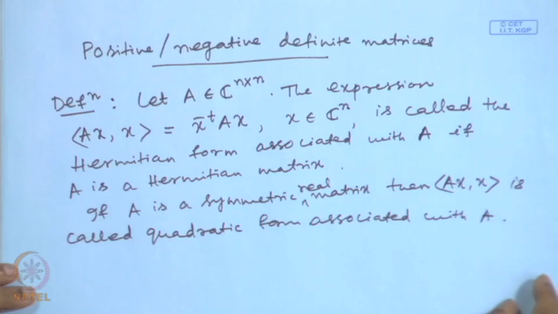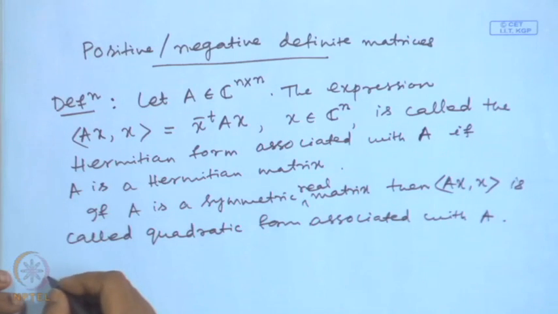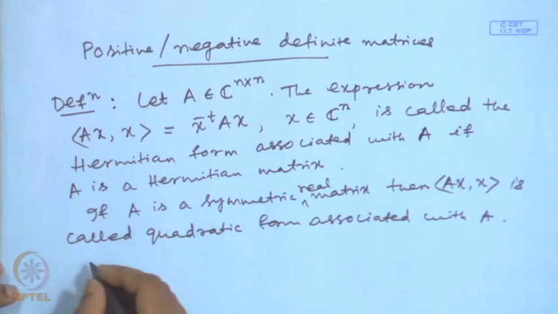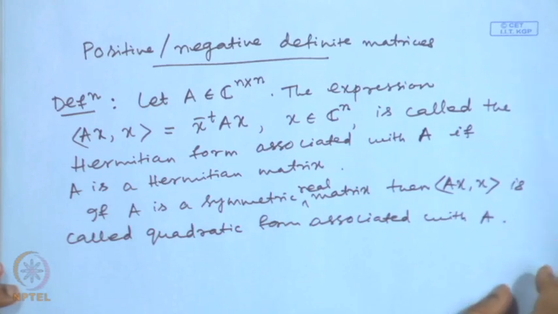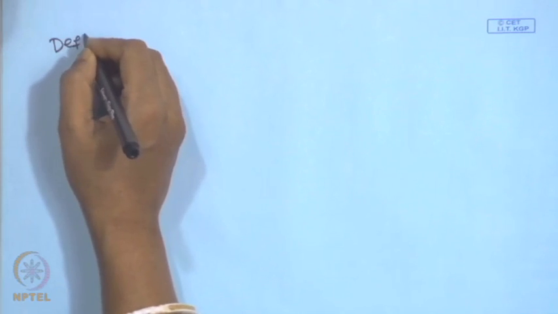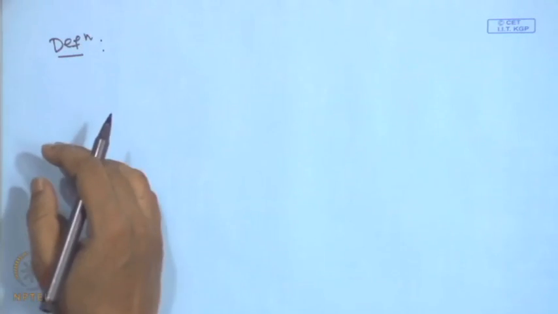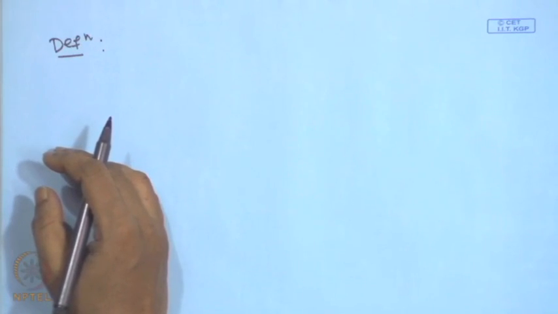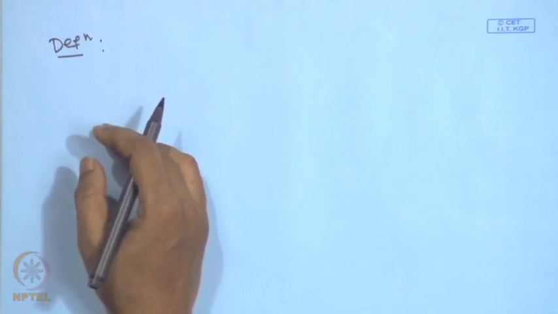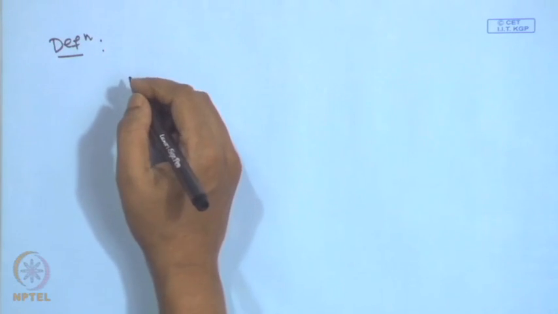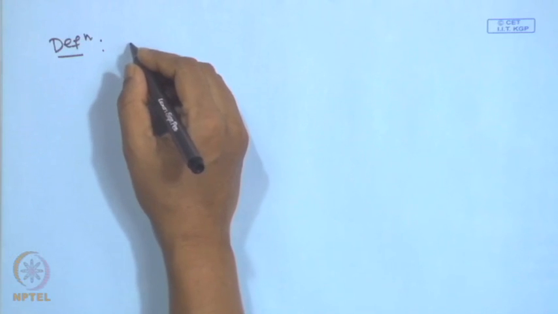So, next we shall define positive and negative definite matrices. We define these in terms of these forms. So, let us consider a Hermitian matrix.